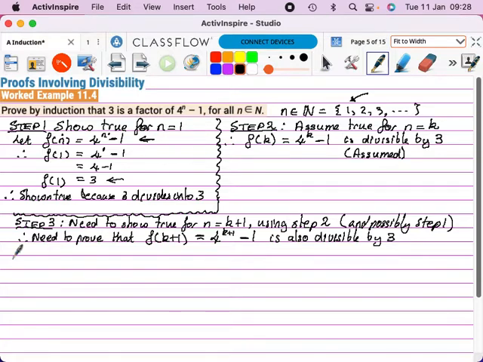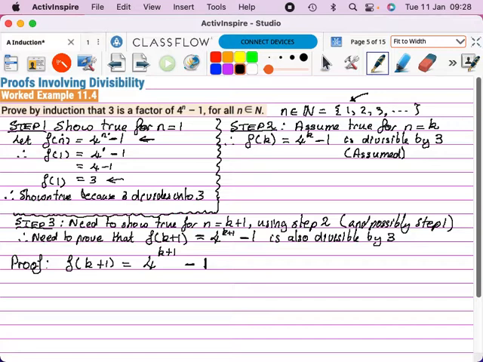Proof. F of k plus 1 is equal to 4 to the power of k plus 1 minus 1.